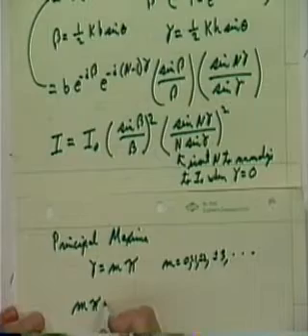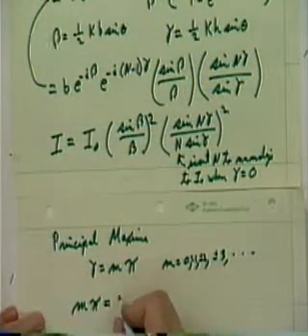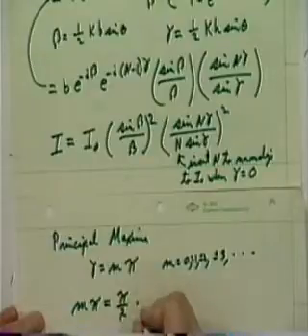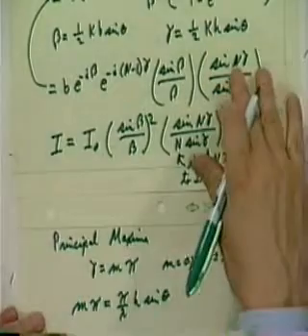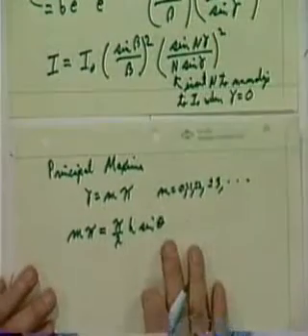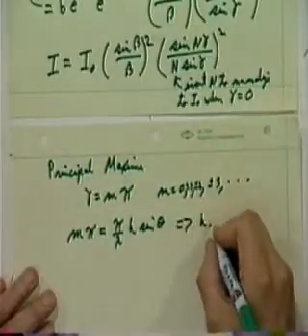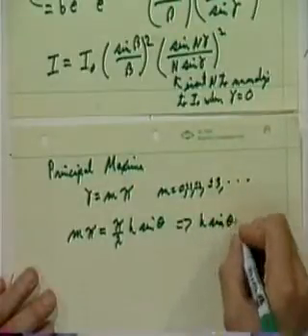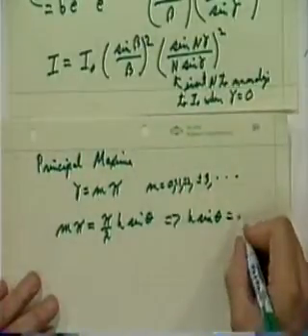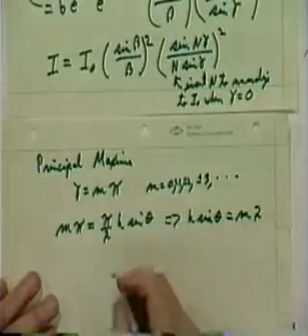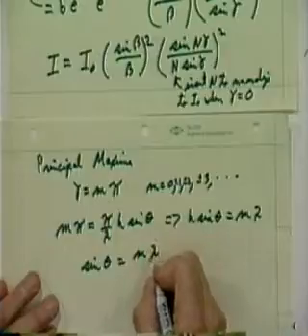And so we're saying here that m pi is gamma. So gamma is 1/2 kh sine theta. So it's pi over lambda h sine theta. And so h sine theta is m lambda, or sine theta is m lambda over h.